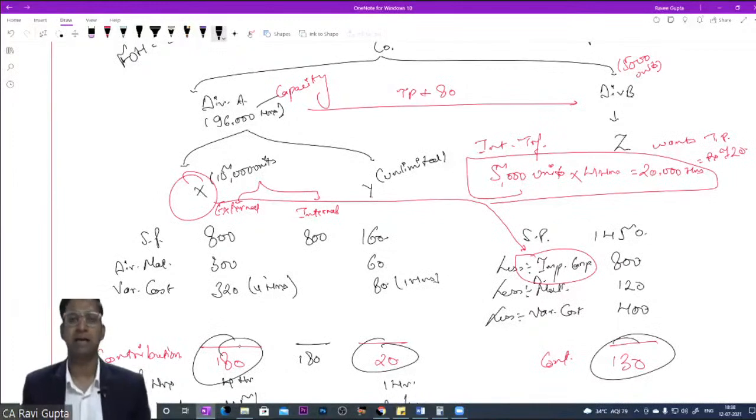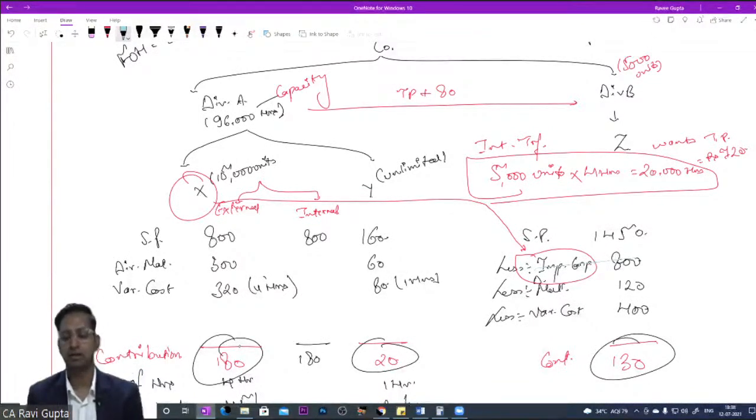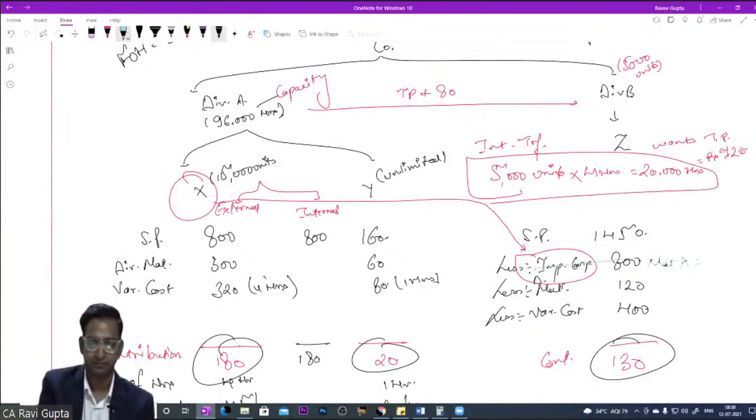Can anyone tell me what will be the cost here? What will be the product cost, that is, material X cost? How much will it cost for this material X?